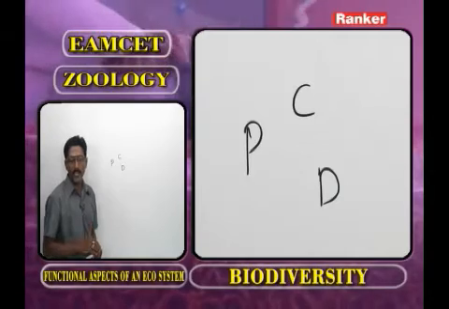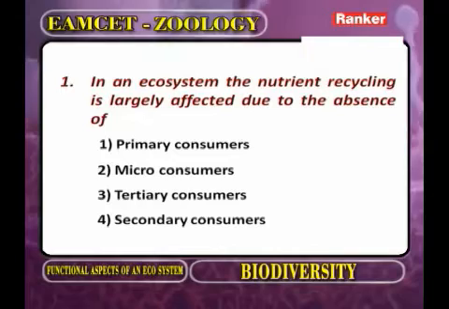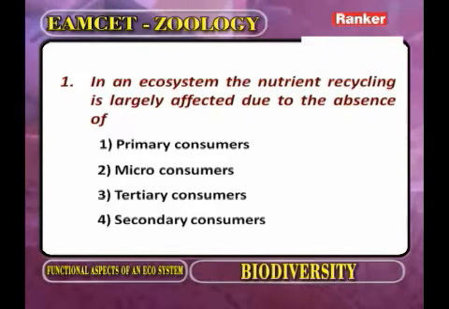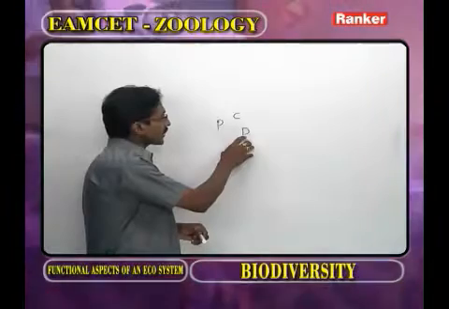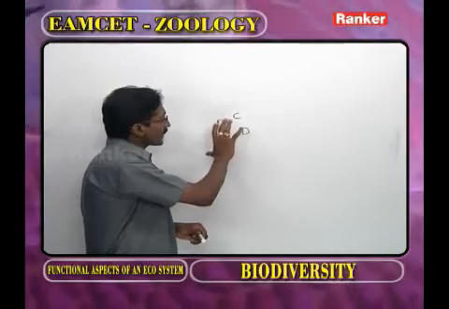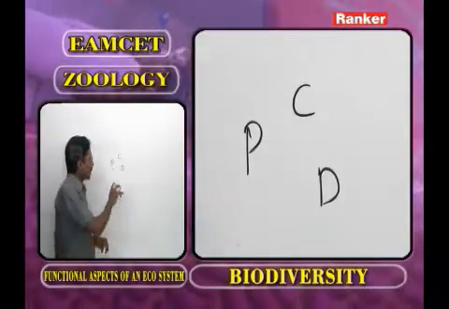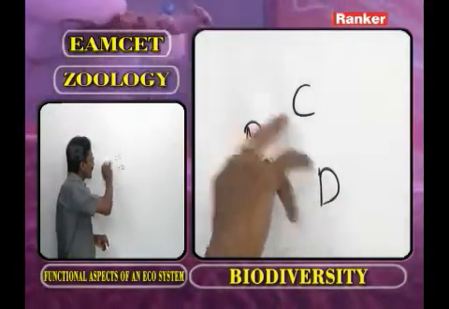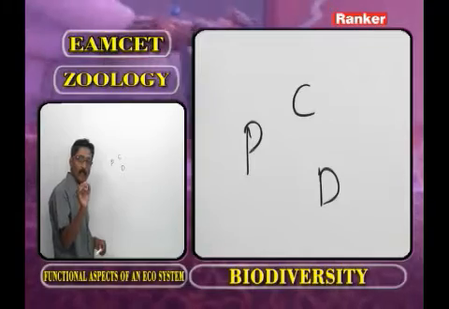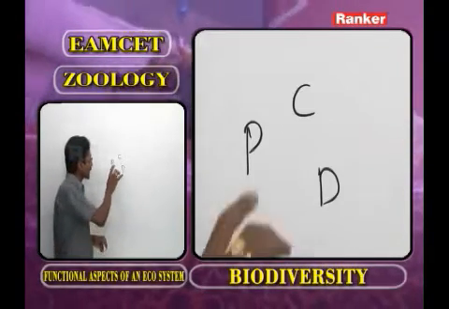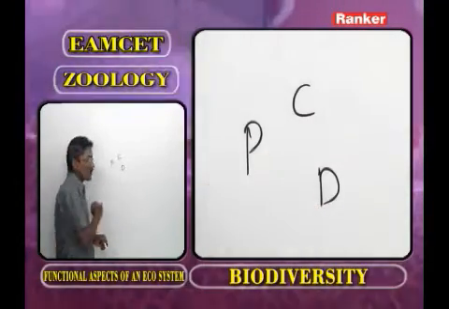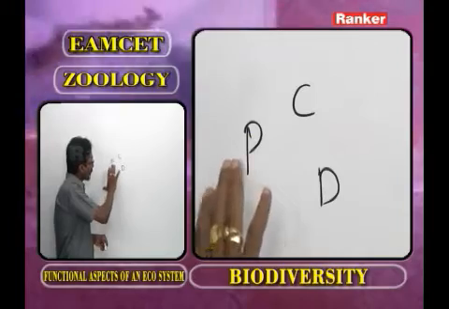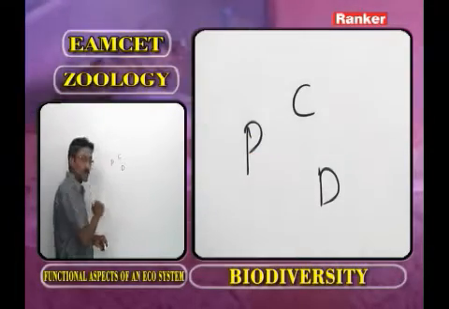Now here, what is the answer? In an ecosystem, the nutrient recycling is largely affected due to the absence of. Without decomposers, the cycling process will be affected. Because in the body of producers and consumers, the complex organic materials are present. After the death of producers and consumers, their body will be decomposed by decomposers.